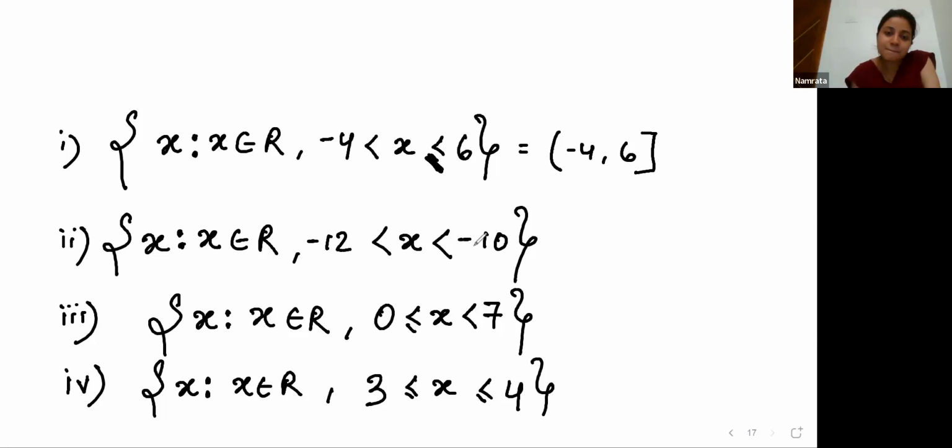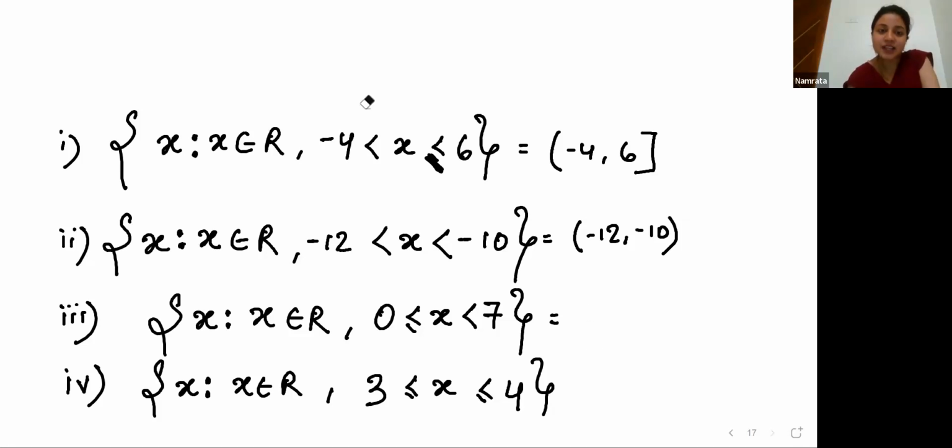All right. For the next one, small bracket -12 and a small bracket -10. Yeah, -10 is a smaller bracket close. Perfect. Next one, big bracket 0, small bracket 7.